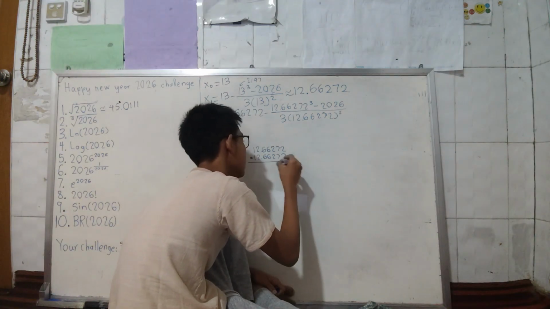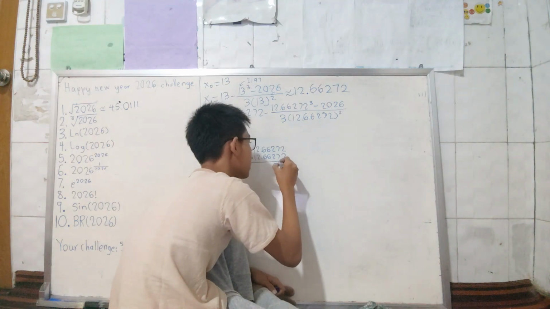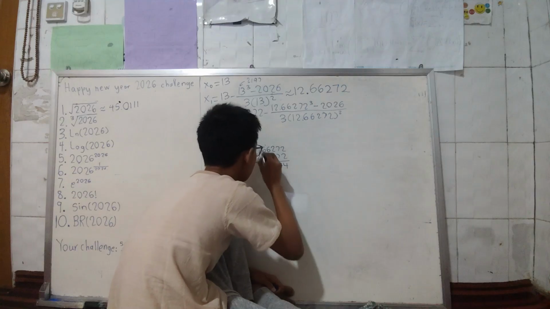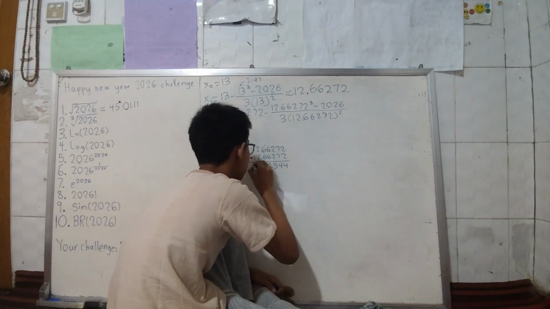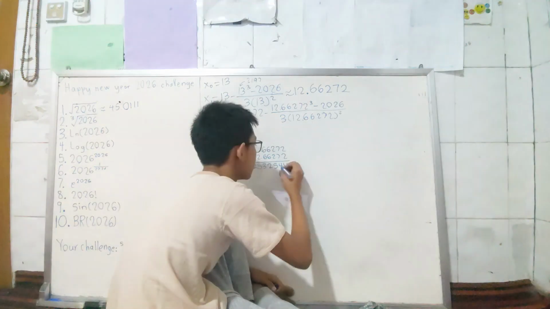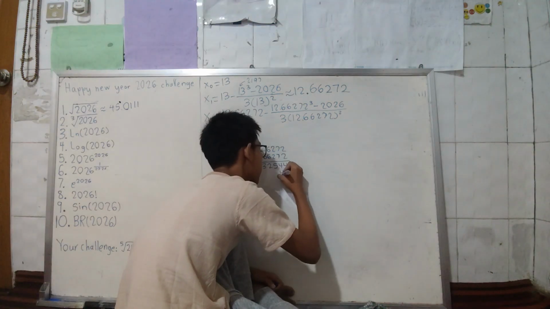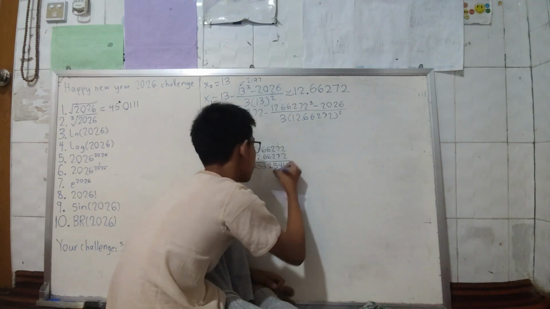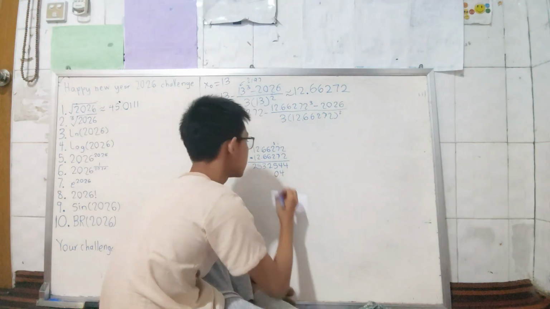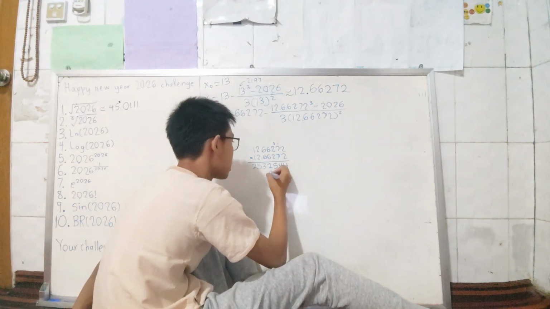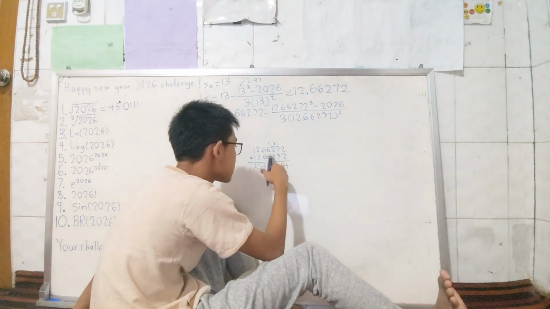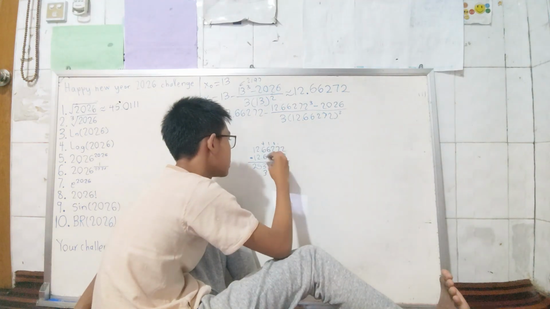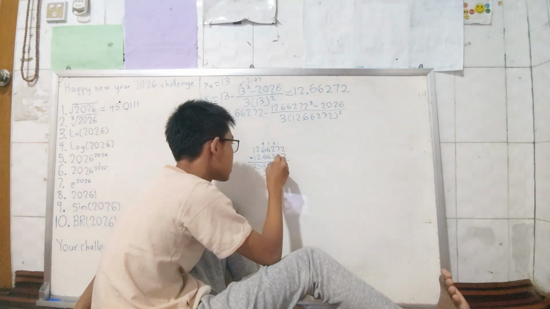I'm gonna multiply. 7 times 2 is 14, 7 times 7 is 49, so that's gonna be 50, so 2 times 7 is 14, that's gonna be 19, and then 6 times 7 is 42, that's gonna be 43, and then 6 times 7 is 42.